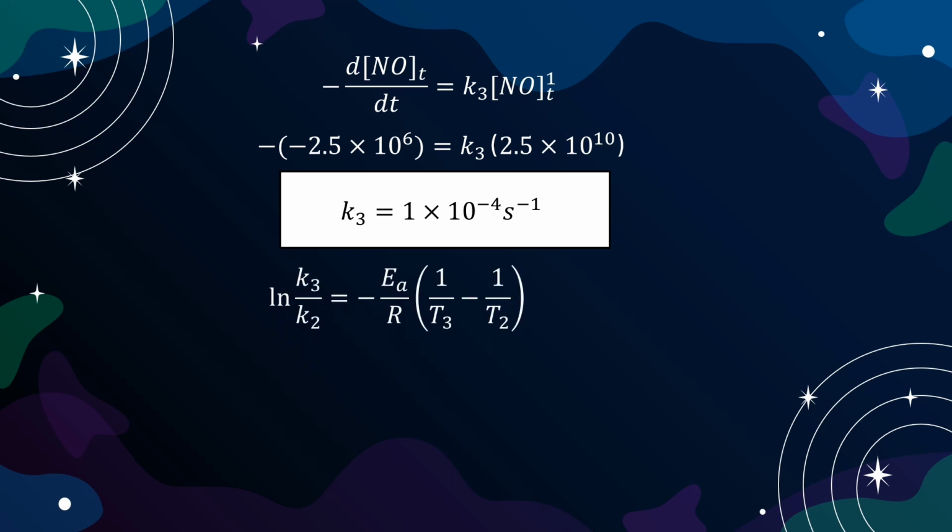So we will apply it to the equation before. We will choose either k3 and k2, or k1. But for this, I will use k2: ln of k3 over k2 equal to negative activation energy over R times 1 over T3 minus 1 over T2.